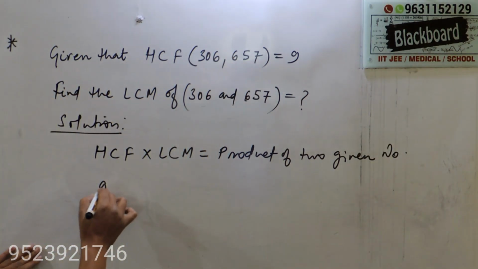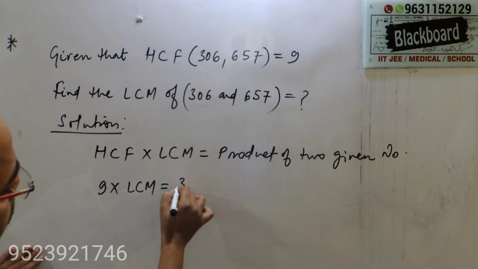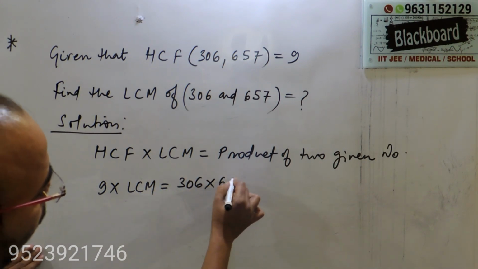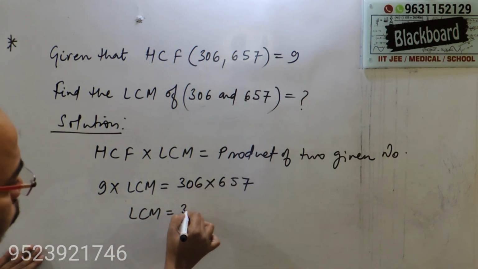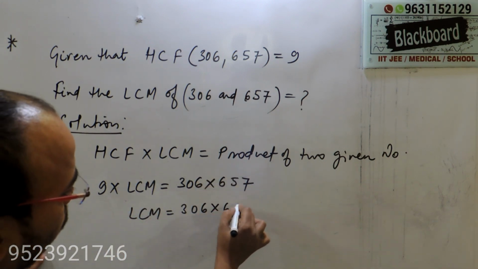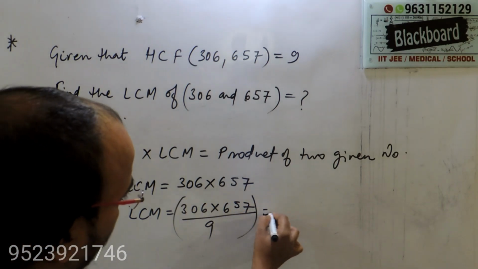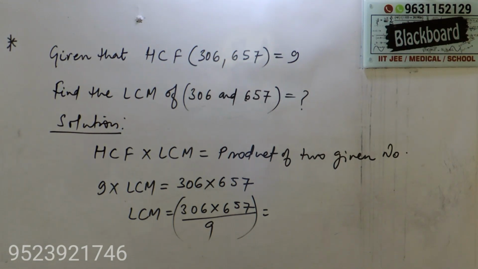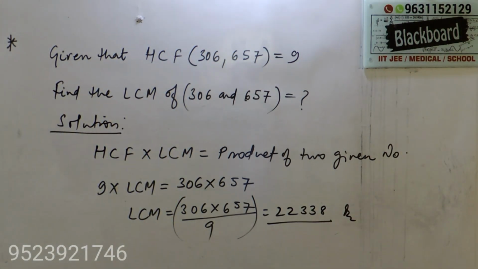And here HCF is 9 and LCM is equals to the product. That means 306 into 657. That means LCM is equals to 306 into 657 divided by 9. Solve this, you will get your answer.